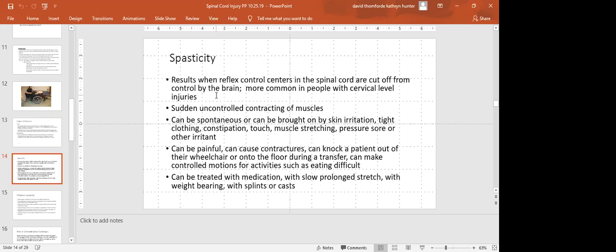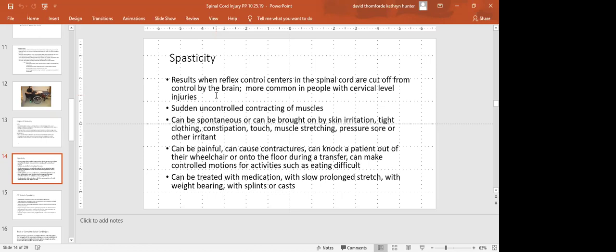The centers might spark a movement in the legs, but we can say, no, don't do that. The brain can control the reflex centers in the same way that we talked about primitive reflexes in childhood. The brain learns to control those primitive reflexes.